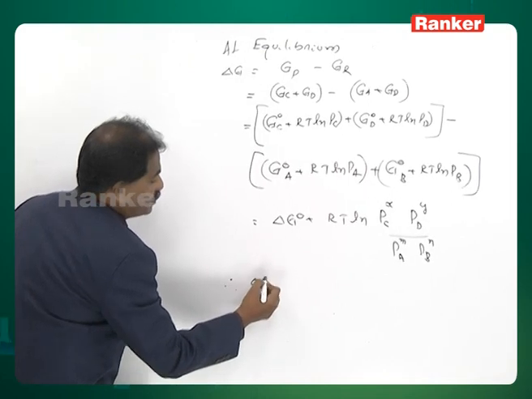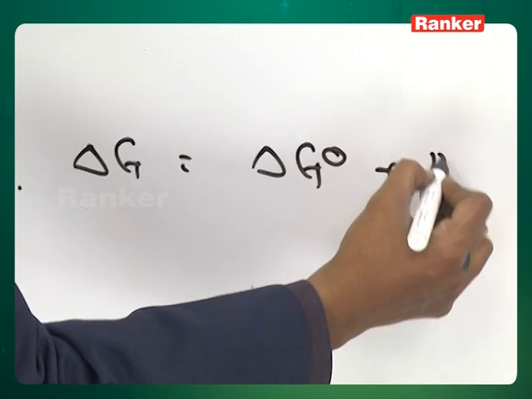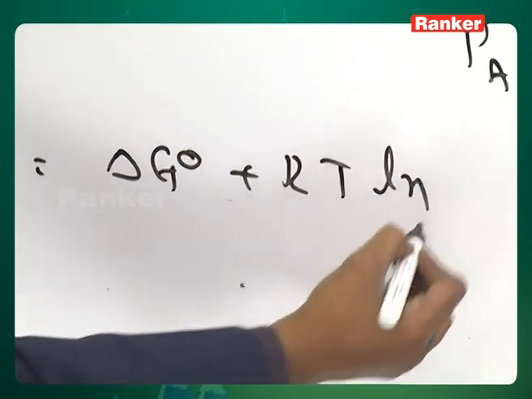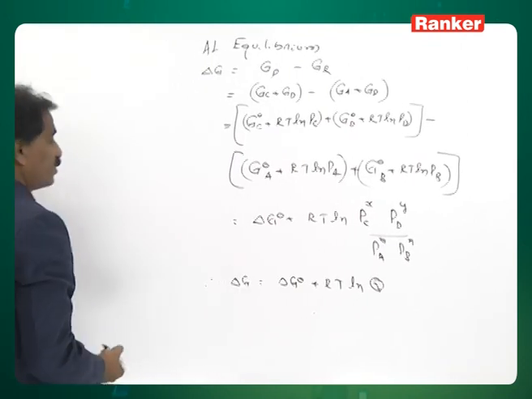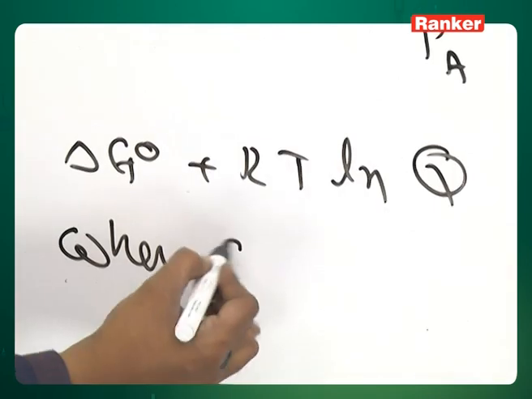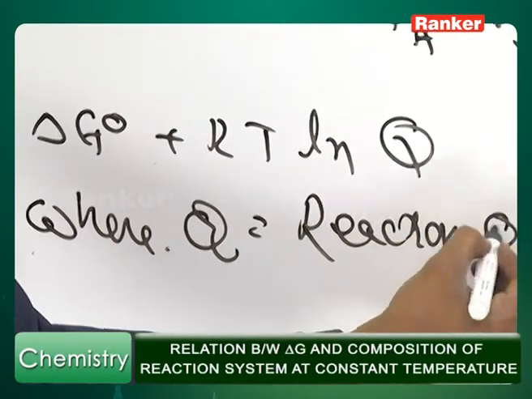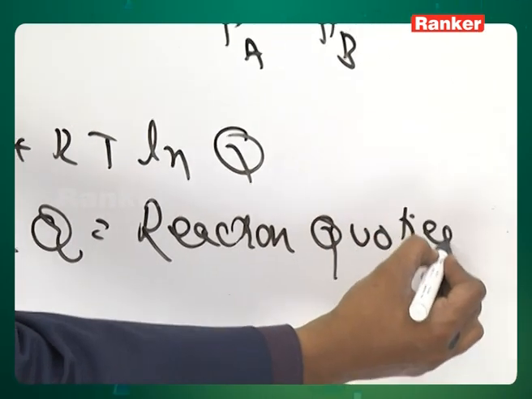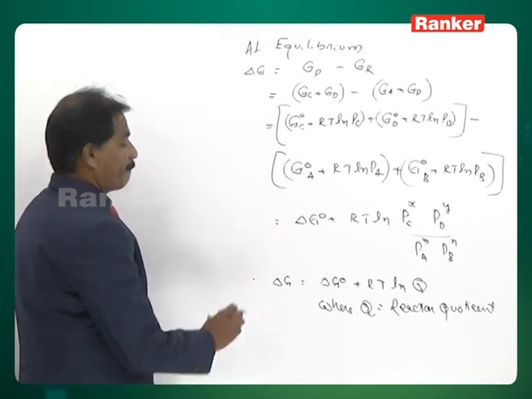Therefore, del G is equal to del G naught plus RT ln Q, where Q is called reaction quotient.